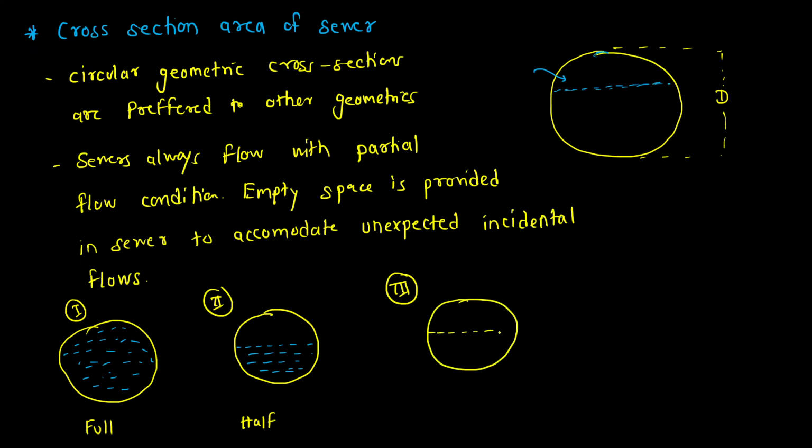Let's say this is the mid level and the sewage is present up to a certain level. For this we'll take the center of the circle and calculate the radius here. Whatever the radius is, r, and we'll give some other geometric parameters here. Like this angle is theta. With the help of this we'll try to calculate the area of cross section and also the velocity and the discharge.